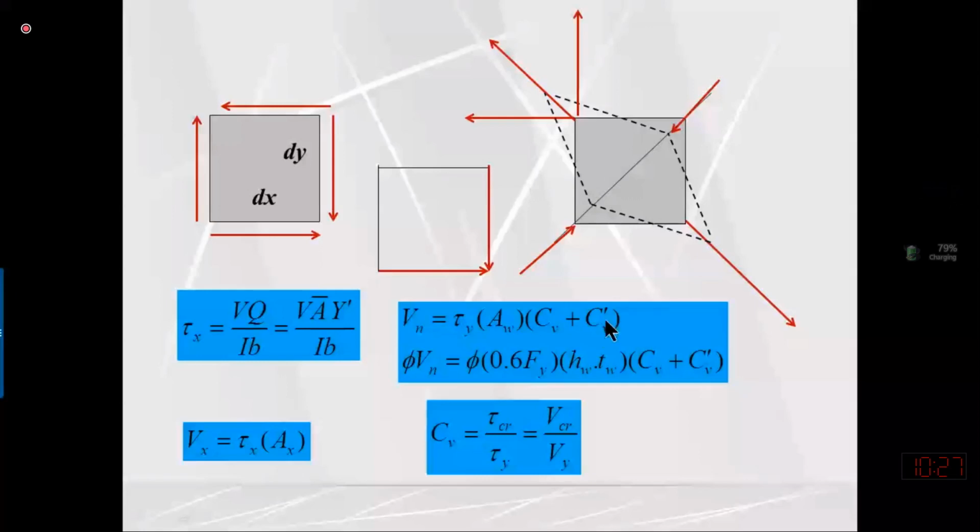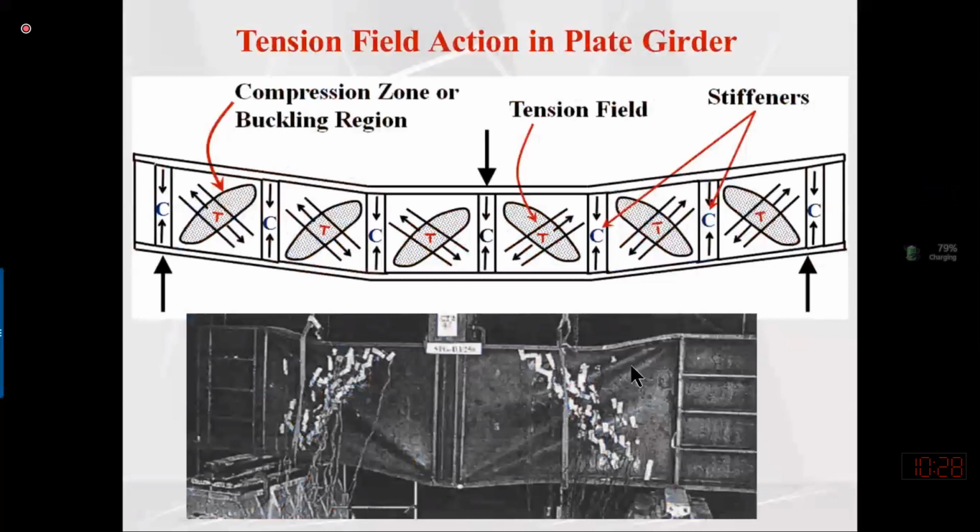So the total strength will be equal to, because this parameter is constant, because tau y is equal to 60% of Fy, because shear strength of steel is indirectly determined by multiplying tensile strength with 0.6, and area of the web is height of the web into thickness of the web. So this CV is the factor which is used to determine the buckling strength of the web alone without stiffeners.